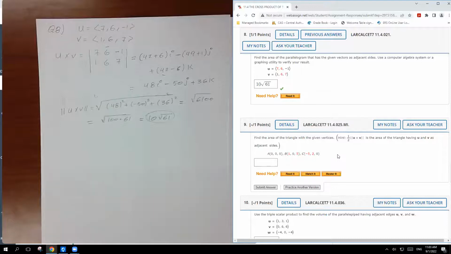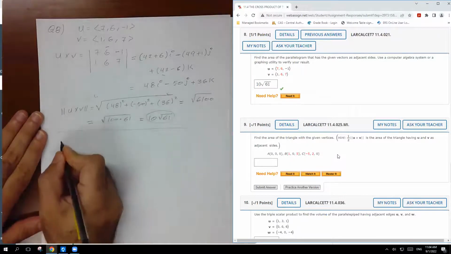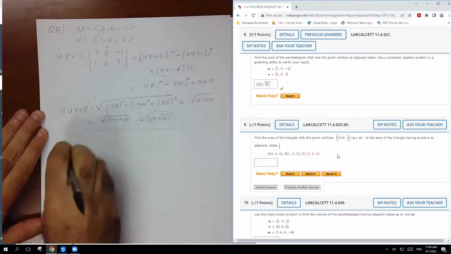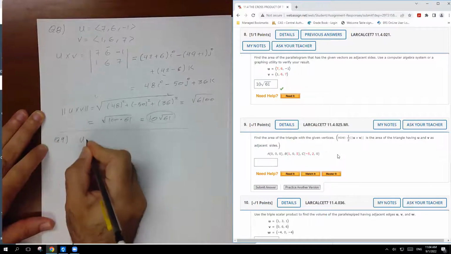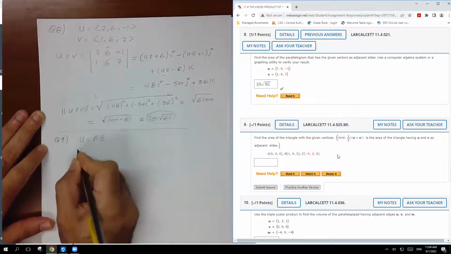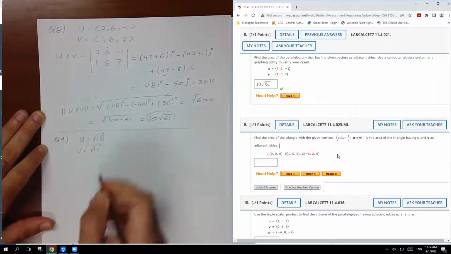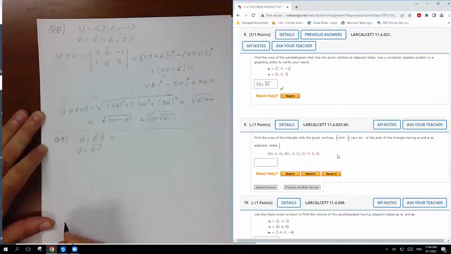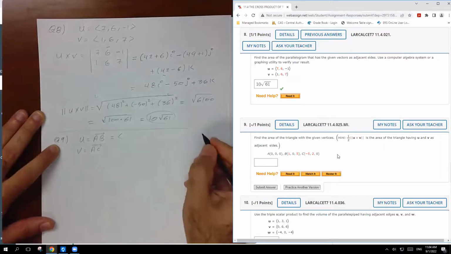So how are we going to find these 2 vectors? Let's assume that U is the line between A and B, and V is between A and C. Let's write down the points here on the side.